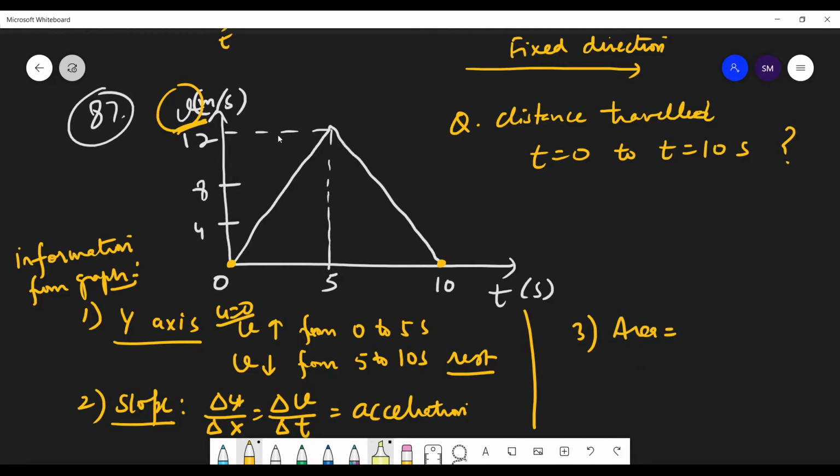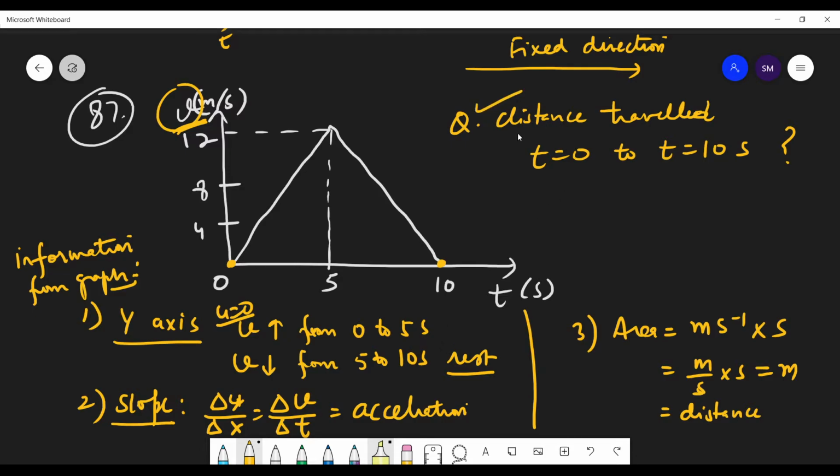Area is y-axis into x-axis: meter per second multiplied by second, that is meter. So what does the area tell us? Distance. So students, in all the graphs you have to see these 3 things.